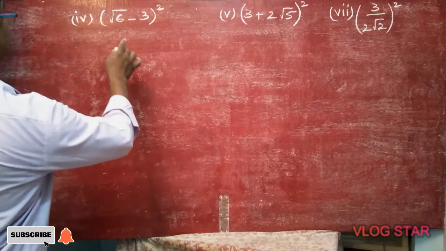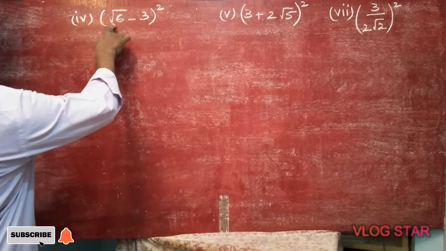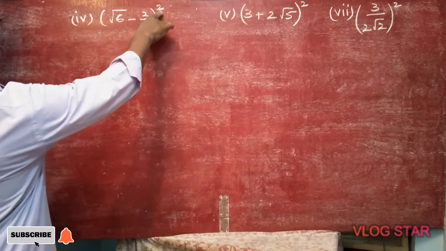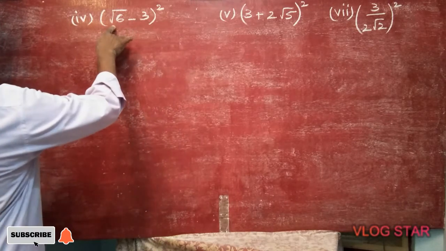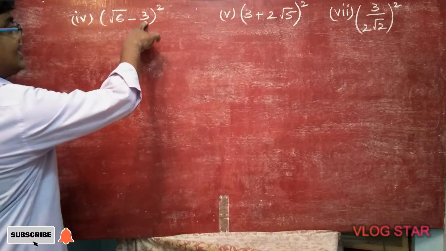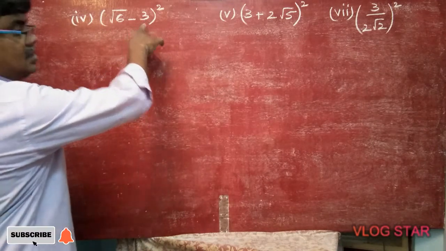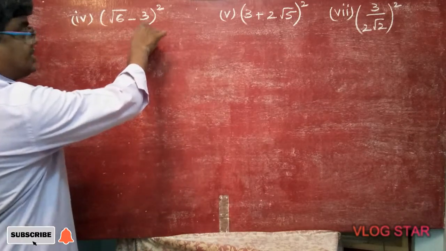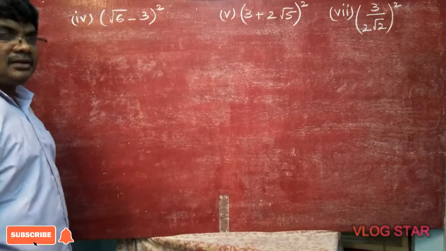Fourth problem. They told to find the value of root 6 minus 3 whole square. What is root 6? Irrational number. What is 3? Rational number. You may ask, sir, rational number means P by Q. 3 by 1 is there. 3 means 3 by 1.